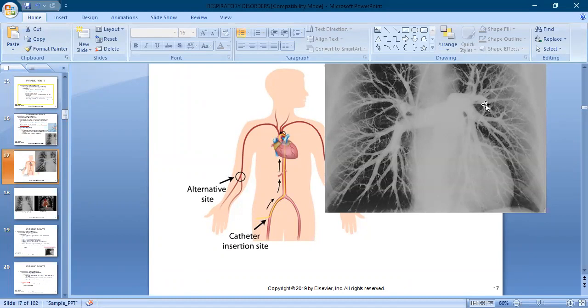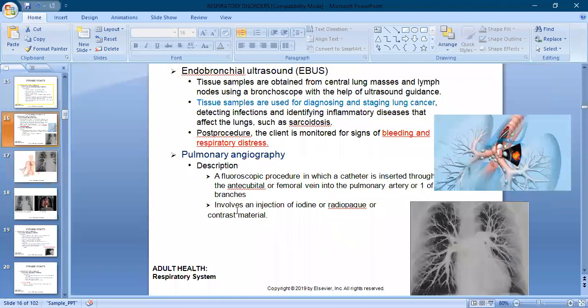If any kind of extra mass or tumor is there in the arterial system, we can see it, right? So pulmonary angiogram is an invasive procedure. We use some substance, right? So always we have to make sure whether the patient has any kind of allergic reaction to the radiopaque substance or not.